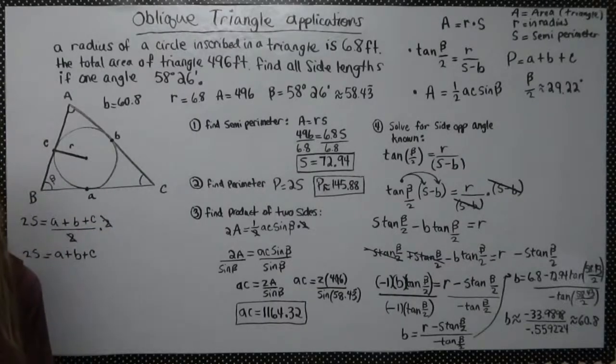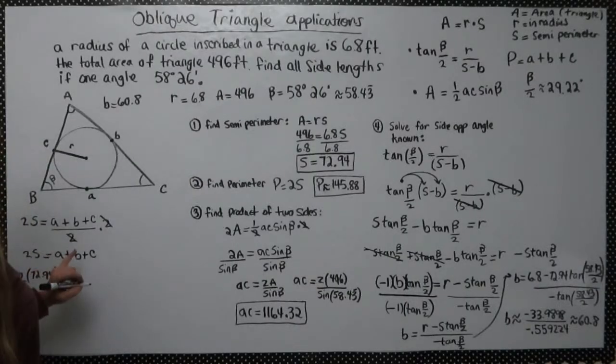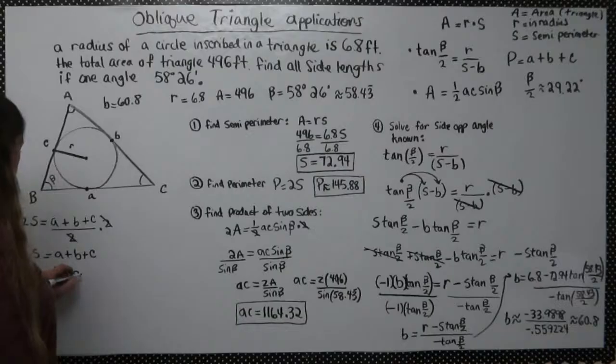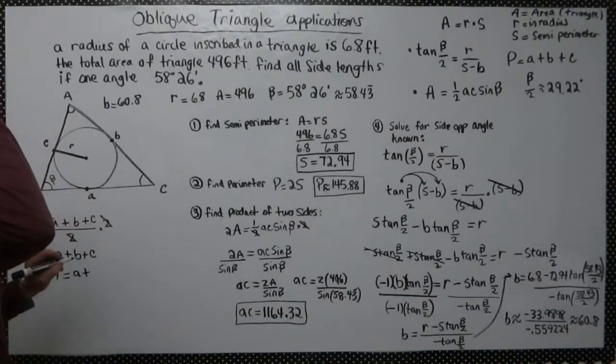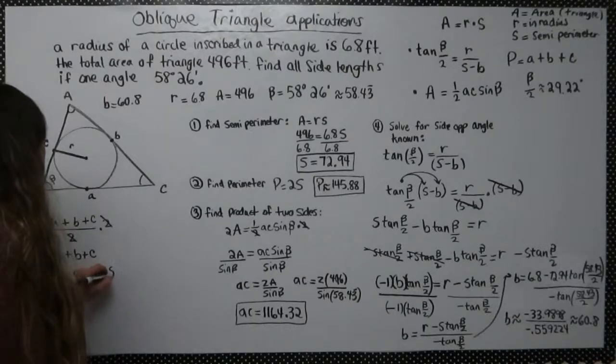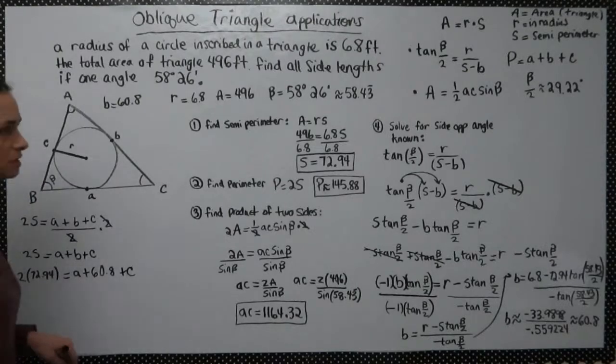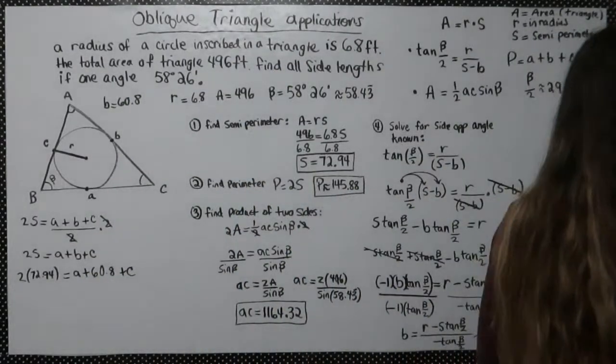So 2S, and let me plug in what S is since I know it. We'll say 2 times 72.94 equals A plus 60.8 plus C. And then 2 times 72.94 is the total perimeter.